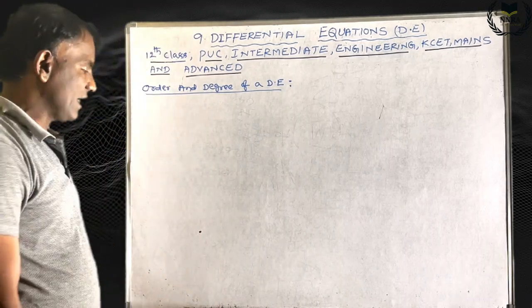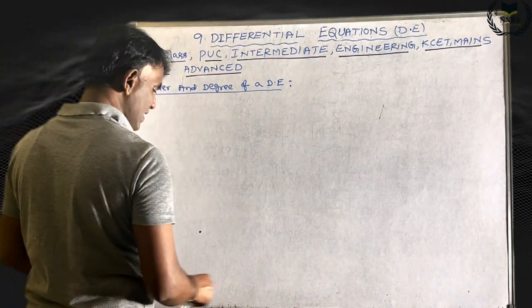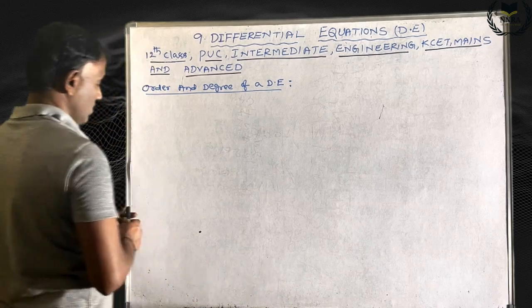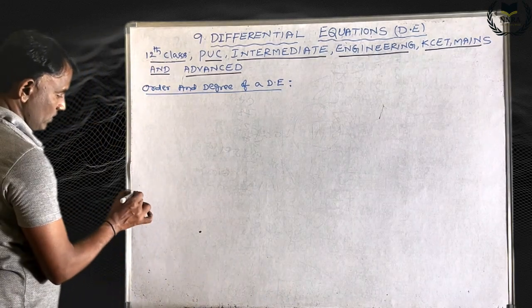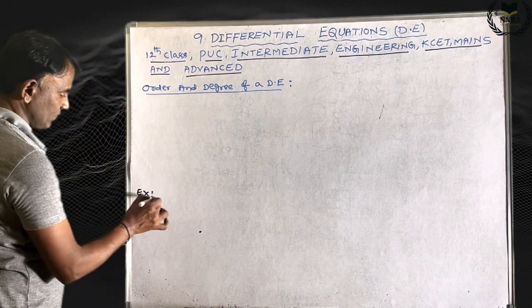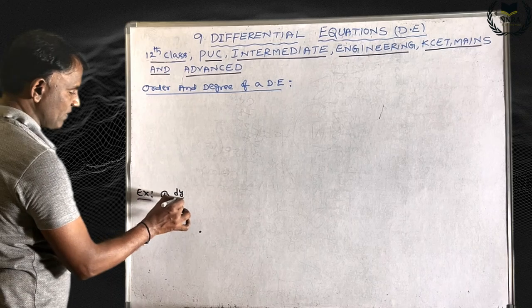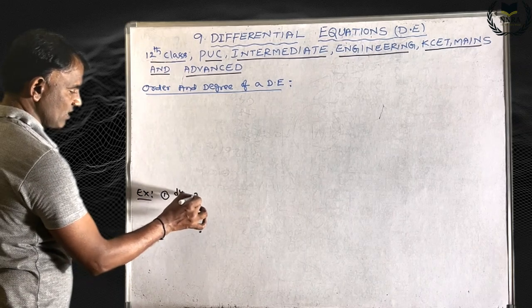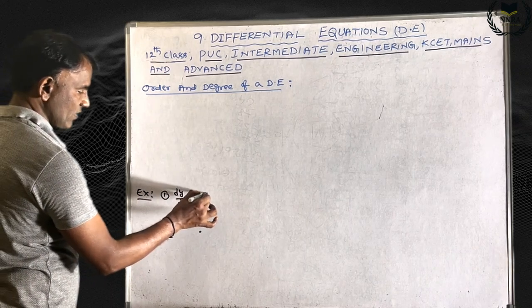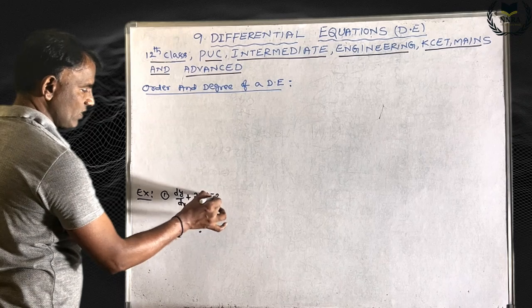Okay. Now again I am giving a few more examples here. One of the examples, dy by dx 2xy equal to x cube.